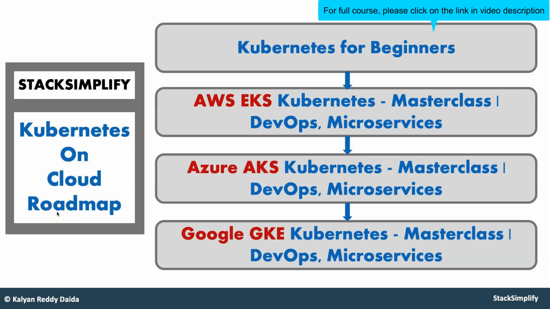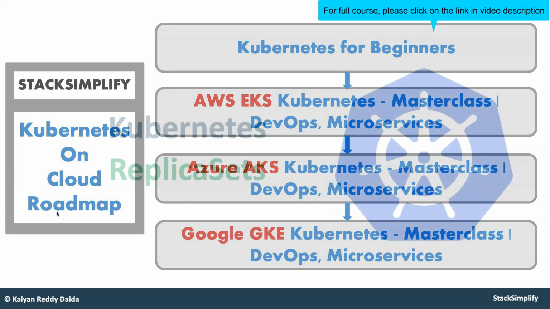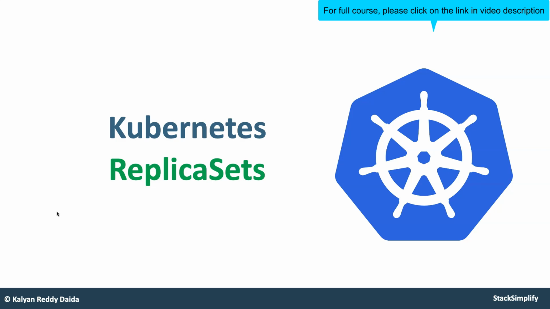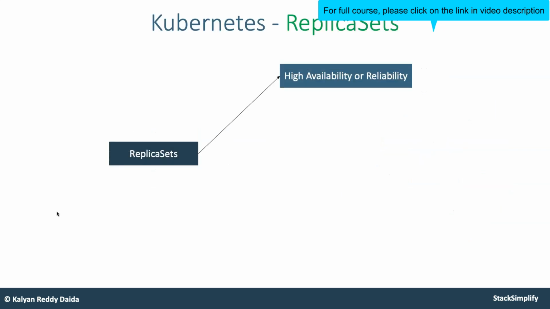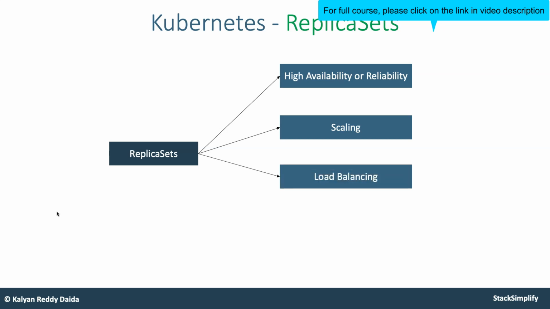Welcome back. In this lecture, we are going to understand one more Kubernetes concept, replica sets. Replica sets help us achieve high availability and reliability for our applications hosted on Kubernetes. In addition, they help us seamlessly scale our applications, and in combination with services and replica sets, we will also be able to achieve effective load balancing in Kubernetes.